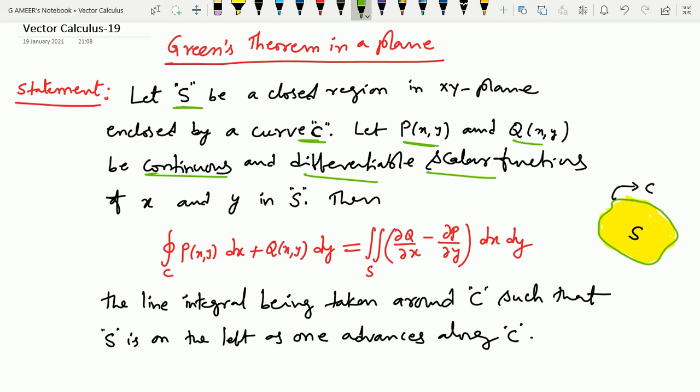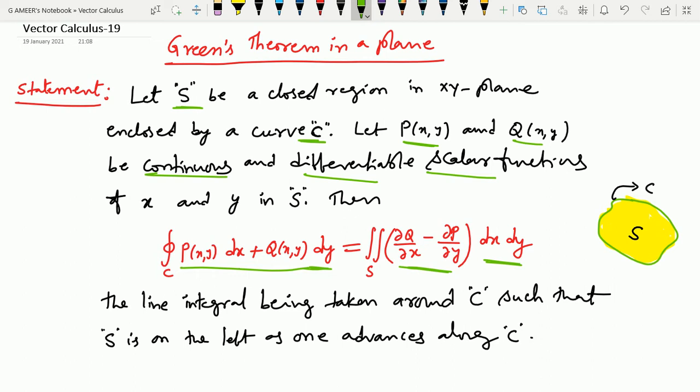This entire quantity integrated along that curve is equal to the partial derivative of Q with respect to x minus the partial derivative of P with respect to y, a surface integration in the XY plane. That is the conversion of a line integral into a surface integral. The line integral being taken around C, in such a way that S is on the left as one advances along C.